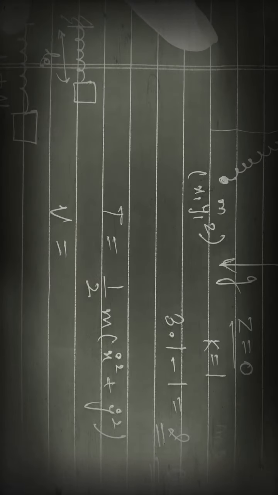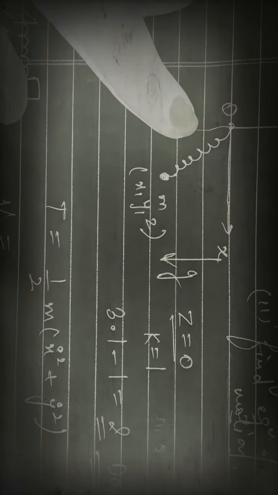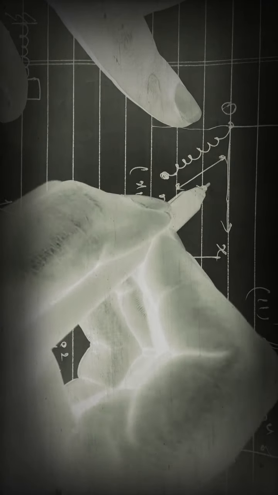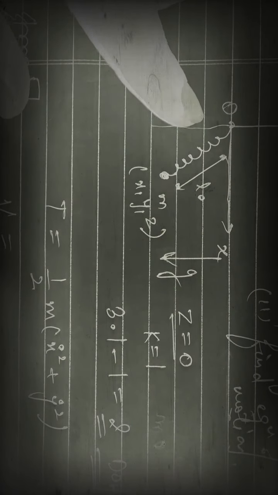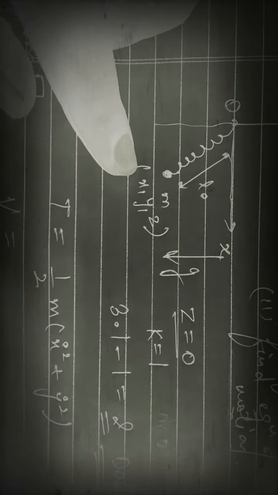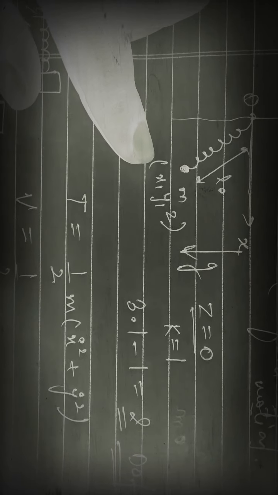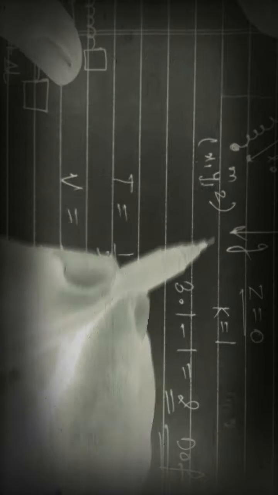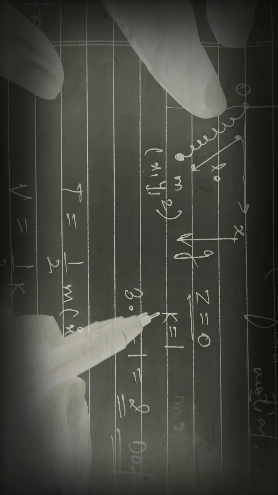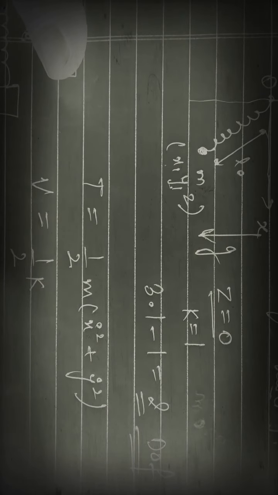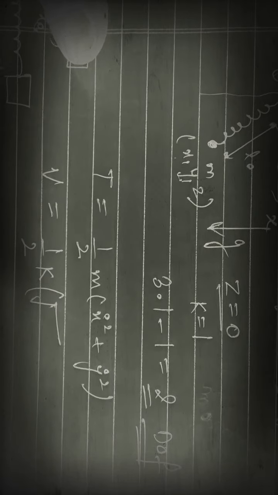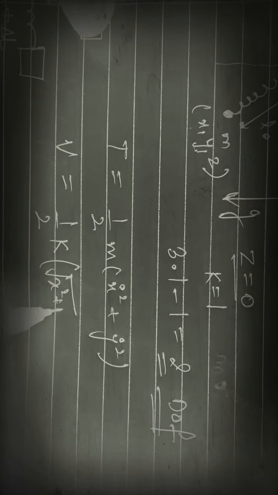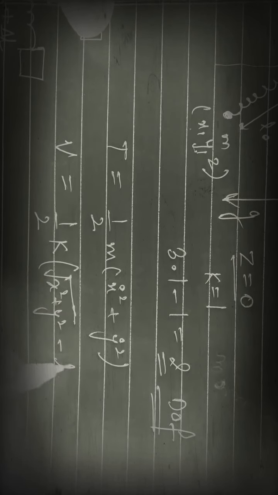Similarly here, this is your spring, let's suppose it has original length L0. If the coordinates are x and y, the length will be under root x square plus y square by the distance formula. So the potential will be half k times under root x square plus y square minus L0, all squared.